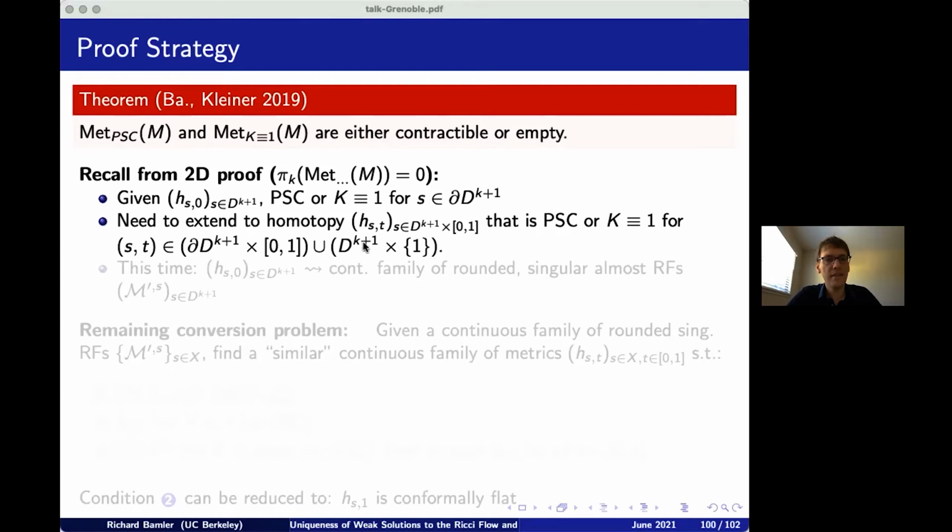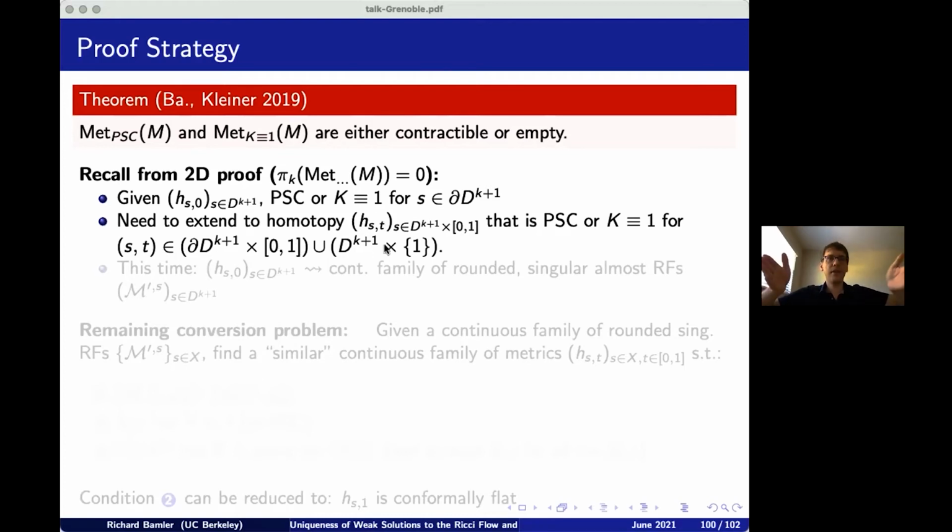So when (s,t) is in this set, which is the final end of this homotopy, then h_{s,t} is PSC or has even constant curvature. And also, if s is in the boundary of our disk, well, then it just corresponds to a Ricci flow which is either PSC or has constant curvature. Then for any t, h_{s,t} is PSC or has constant curvature. Okay? Okay. So this metric is basically nice whenever (s,t) is in the subset.